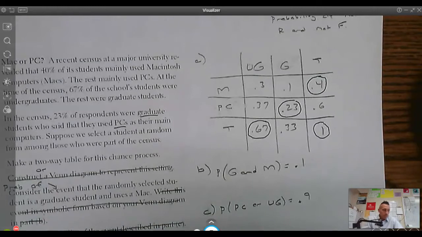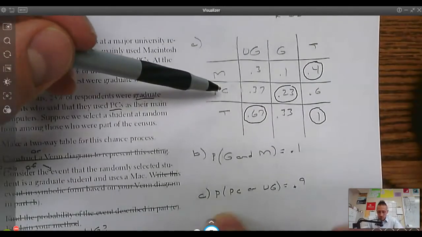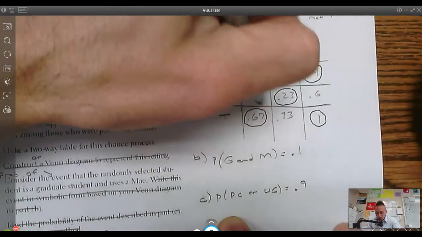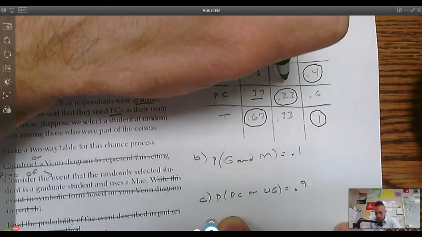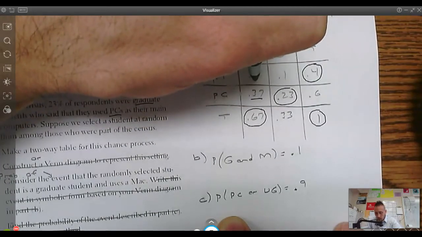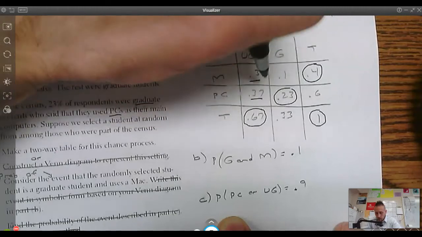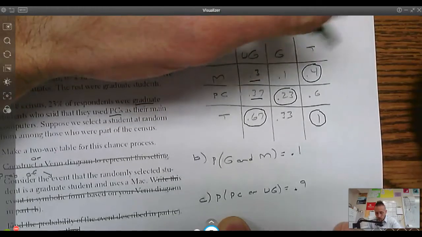Part C, what's the probability that they use a PC or they're an undergrad? PC or undergrad. So that means just PC, just undergrad, or both.